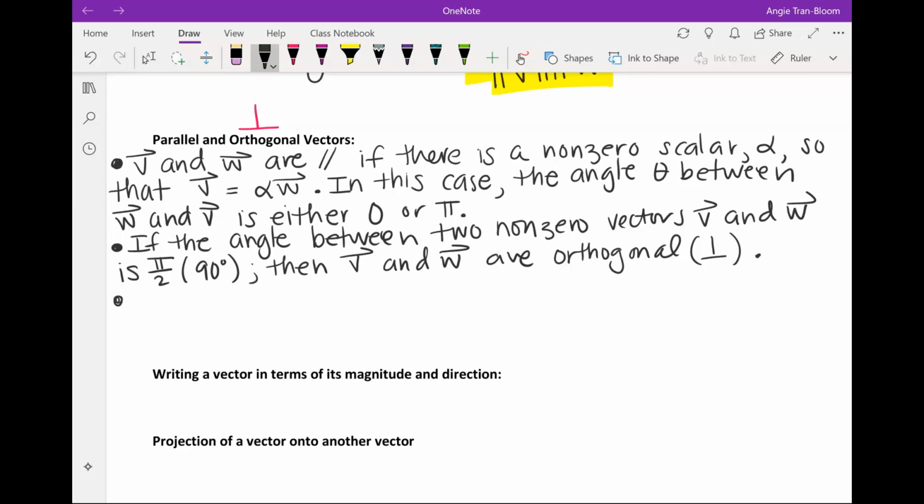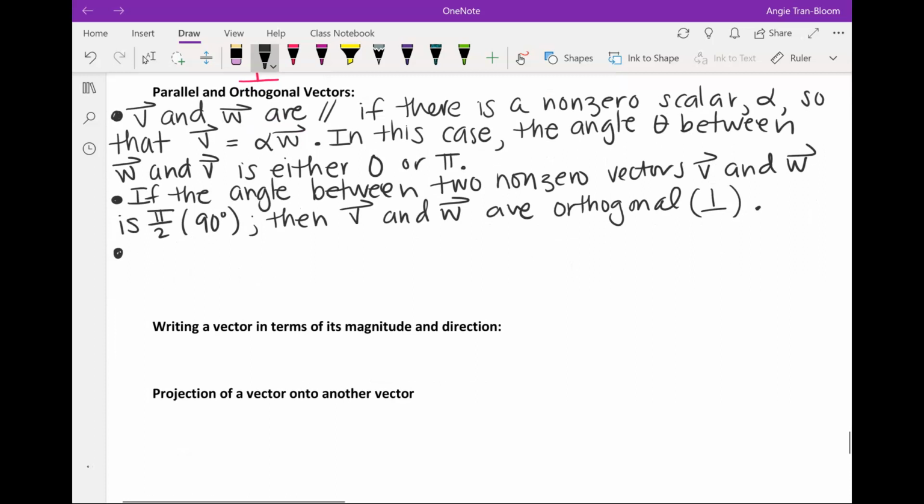Next bullet. Okay, so this is sort of a comprehension check. If I do the dot product of v and w, and it equals 0, then by the zero product property, would you agree that either vector v is 0 or vector w is 0?